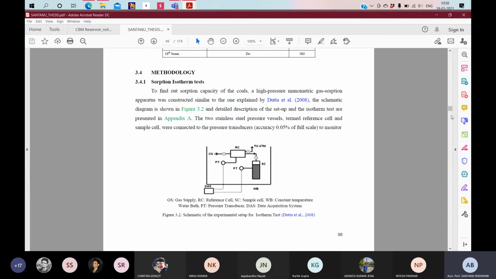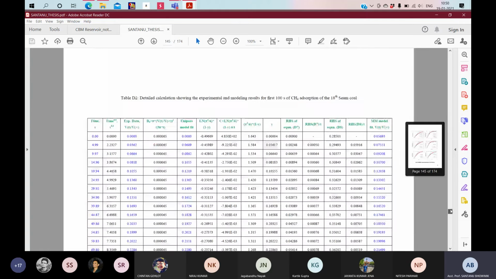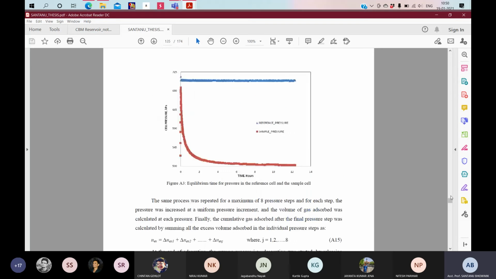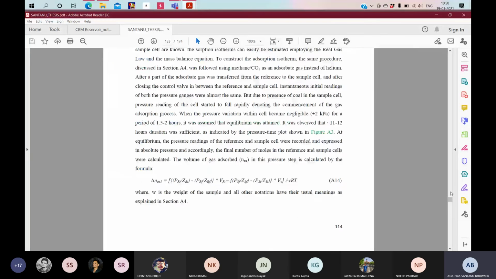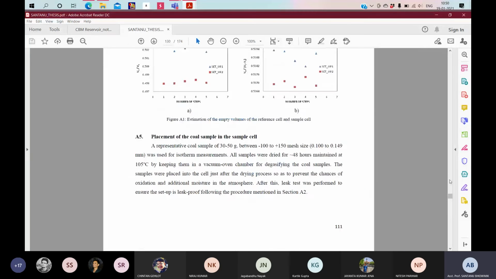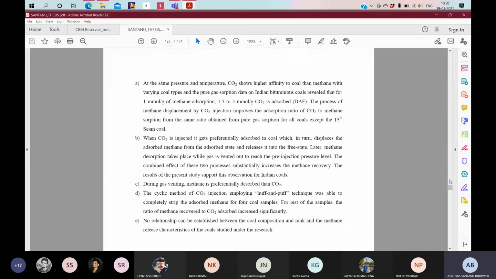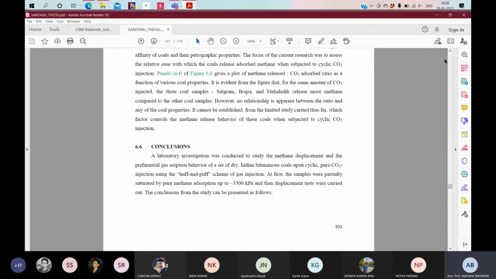So this is the concept of the schematic diagram. I think I am also having a figure. Let me just show you. No, sorry, it is not there.